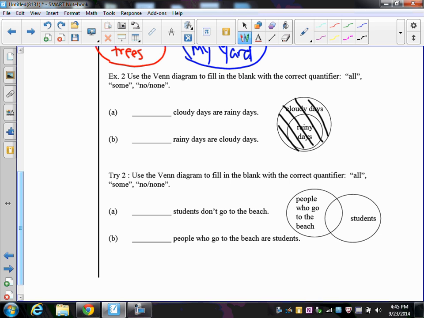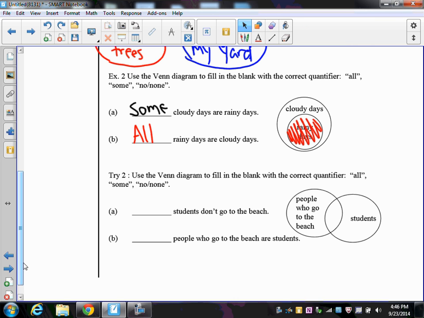I see that some are rainy days like here, and some are not rainy days like the second X. So I would say some cloudy days are rainy days. Using the other example, part B, it says rainy days are cloudy days. Well, if I'm in rainy days, I'm in this red circle here, which means I'm always in cloudy days. So that would say all rainy days are cloudy days.